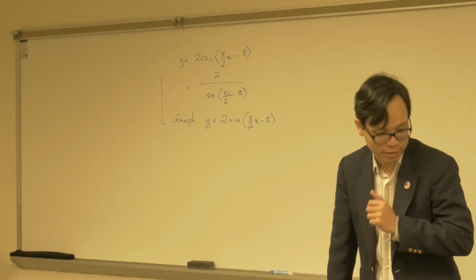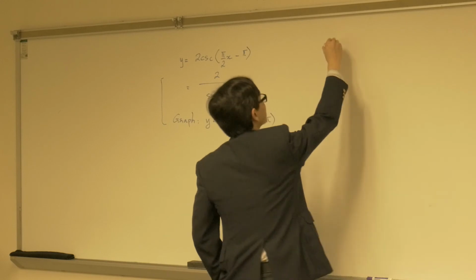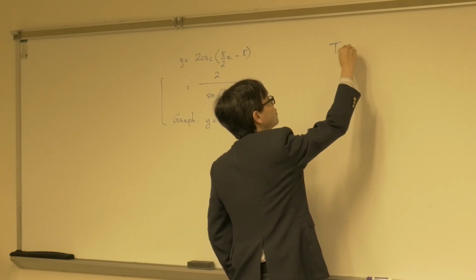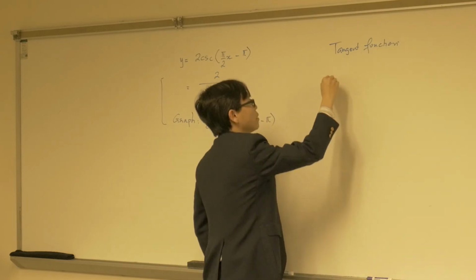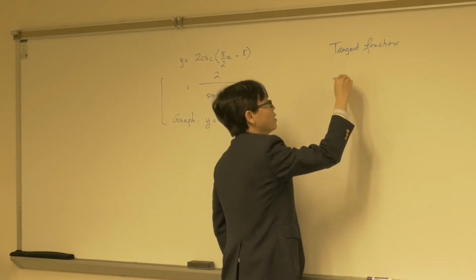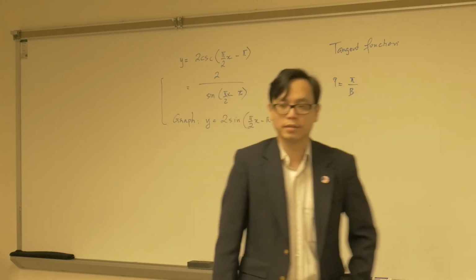All right, so last time we left off at the tangent, the graph of the tangent. We talked about the tangent function and its period. We said that the period of the tangent function is pi over b instead of 2 pi over b.